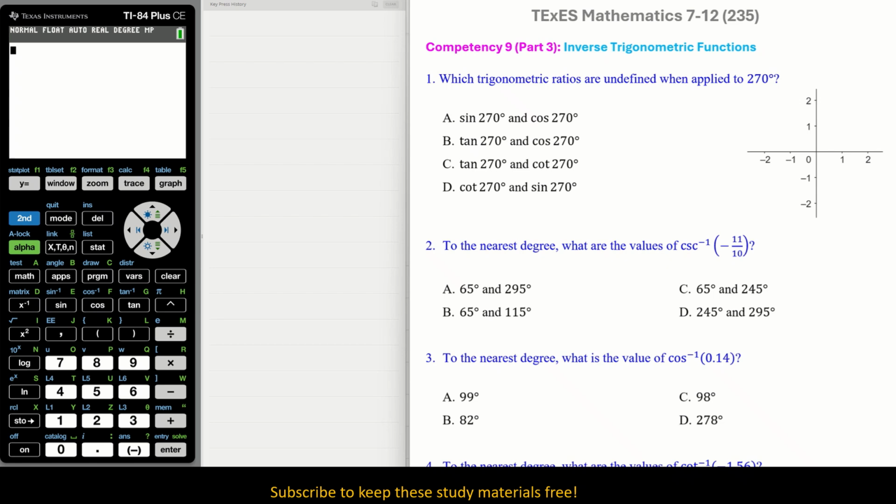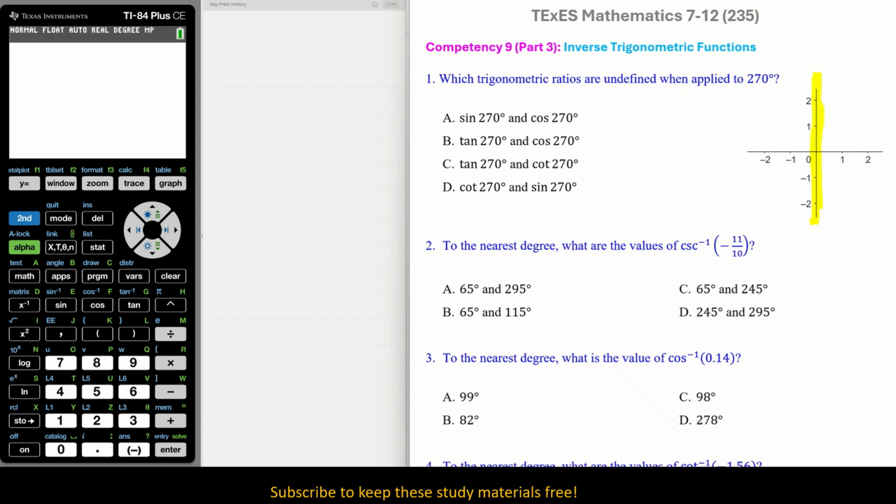Number 1, which trigonometric ratios are undefined when applied to 270 degrees? Undefined would be a vertical line. And if you're thinking of the unit circle, the y-axis would be the undefined axis, okay?